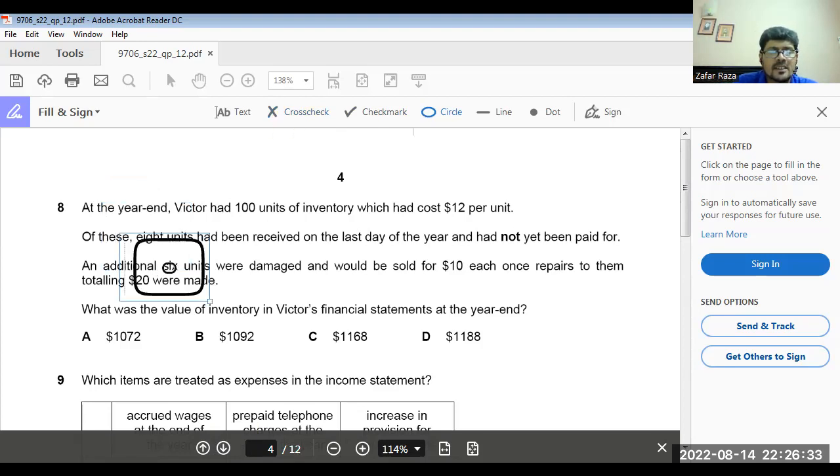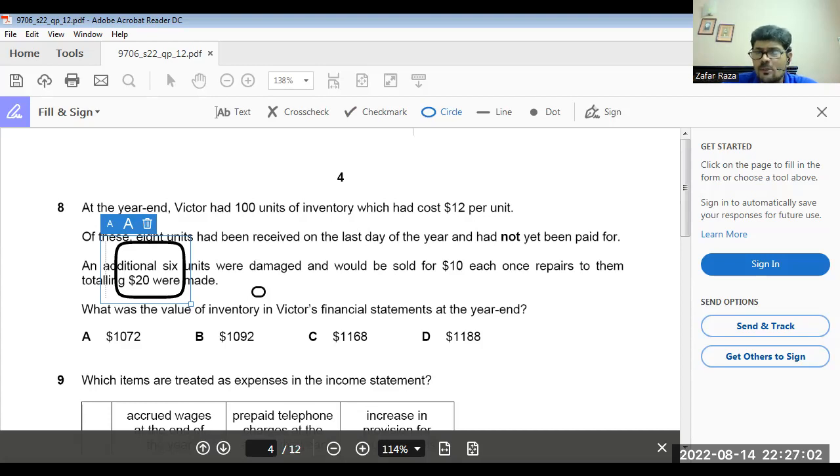Now, for these 6 units, the problem was that they are going to be sold for $10. So 6 multiplied by 2, $12 loss, and $20 were additional expenses.